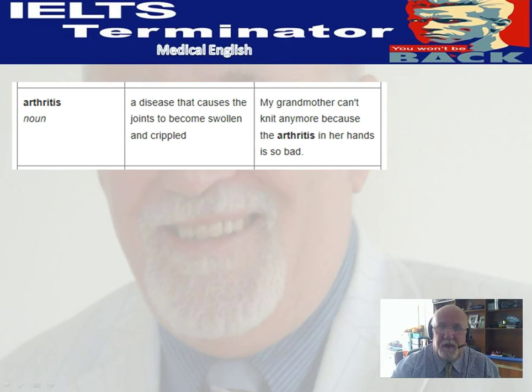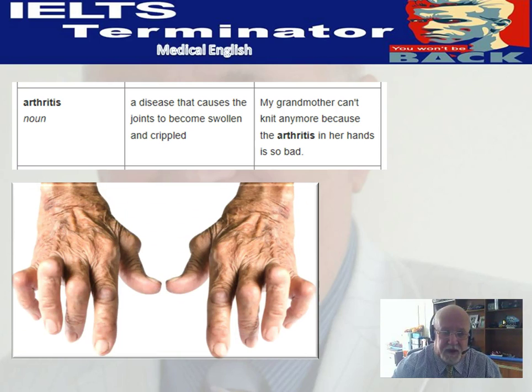Arthritis. This is a noun. Arthritis is a disease that causes the joints to become swollen and crippled. It's quite common in older people, not so much in younger people, although of course we know it occurs. We might hear it used like this: my grandmother can't knit anymore because the arthritis in her hands is so bad.